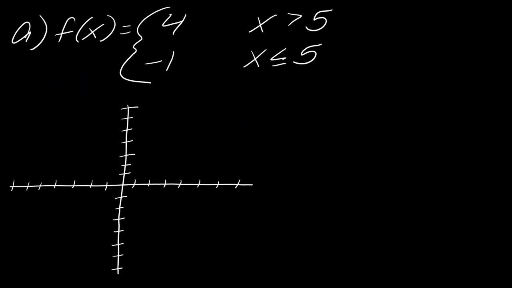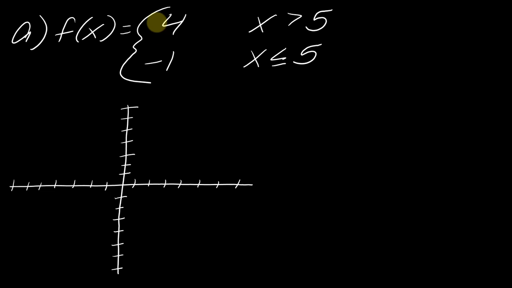This can seem a little tricky, so we're going to do a whole bunch of examples. I want to start with a super basic example so that we can really focus on how you get these pieces. Okay, so I've got this piecewise function. My pieces are 4 and negative 1. These are just straight up constant functions, so they're just horizontal lines.